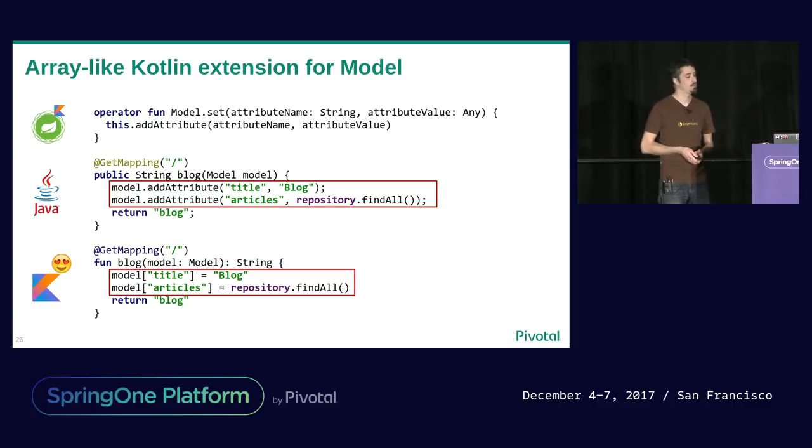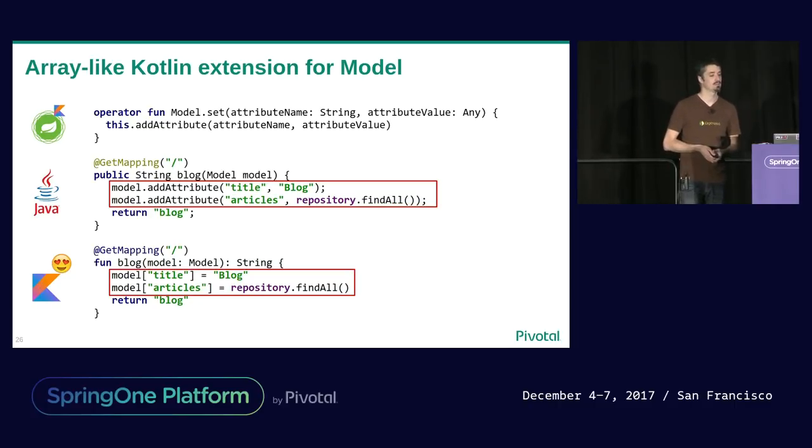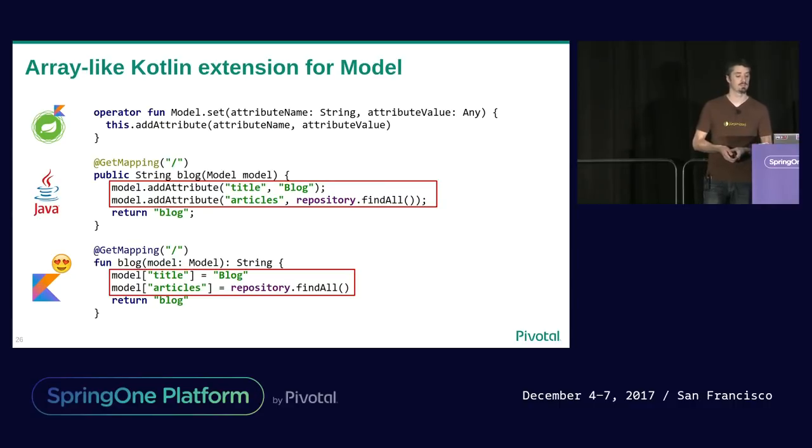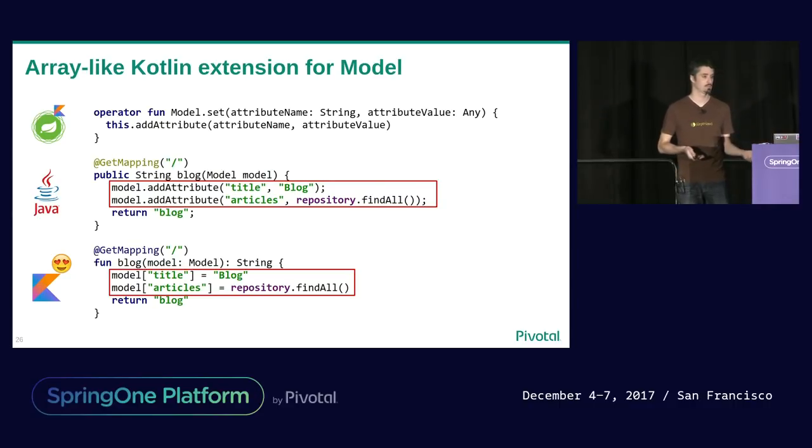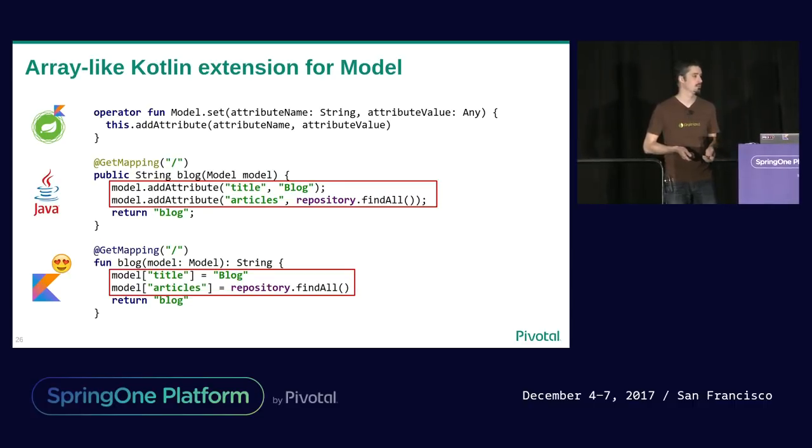I'm defining the set operator in Model, and when I call the set operator, I will just call this.addAttribute, so this is the model, model.addAttribute with the attribute name and attribute value. So in Java, I'm writing model.addAttribute, as usual. In Kotlin, I will be able to use this short array-like syntax, which is brought by the set operator, and both will be equivalent.